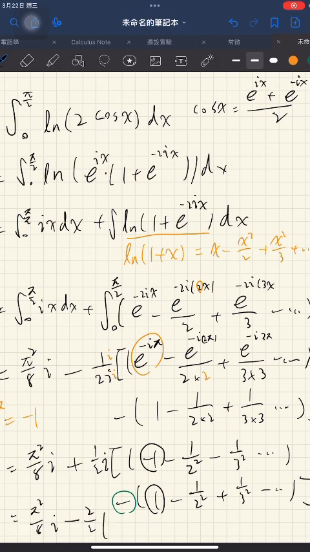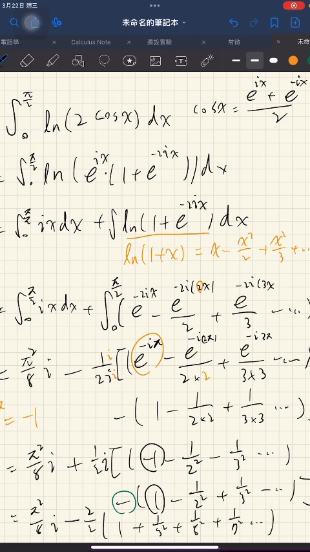And the terms that are not cancelled out are 1 plus 1 over 3 squared plus 1 over 5 squared plus 1 over 7 squared, and so on.